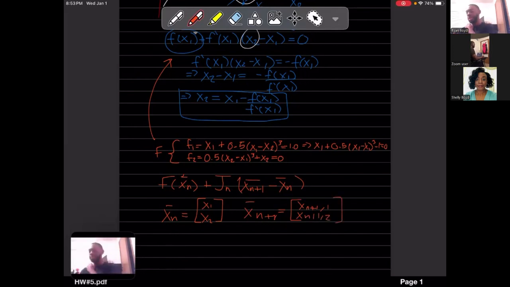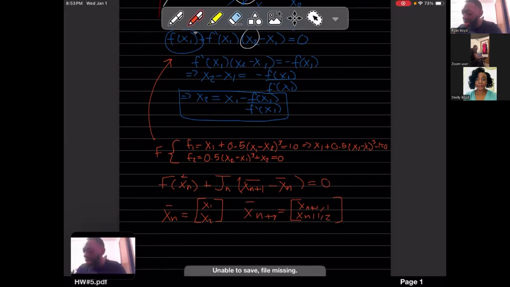Okay. So these are just two vectors that we're implementing into our function. But this is our function that we can relate to our single term here. And I just want to note that this Jacobian times this xn plus 1 minus xn of the vectors is a matrix multiplication, since, as you see, both the xn and the xn plus 1 vectors are 2 by 1.